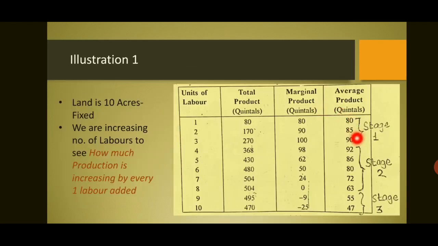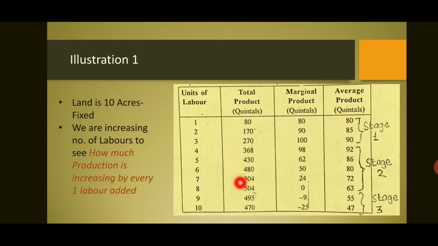As soon as we add one more labor, our total production increased by 170. So 170, our total product, that is TP, divided by the number of variable factors, that is labor. So 170 divided by 2, that is 85. So 85 is the average product.